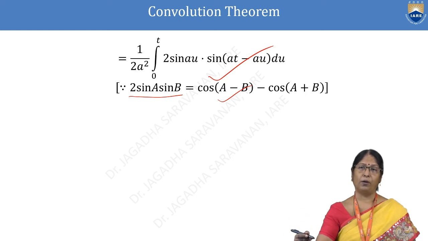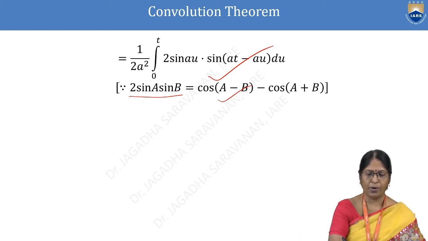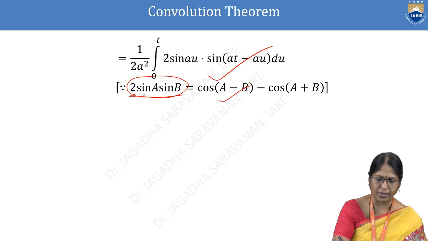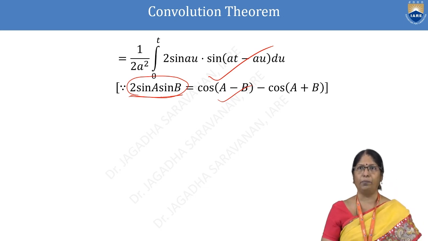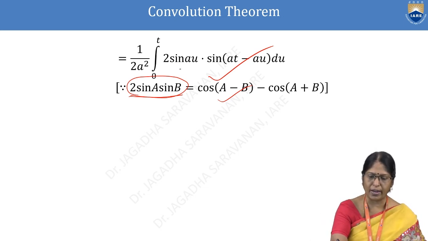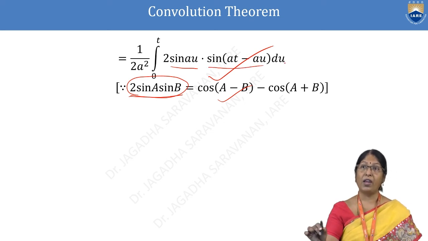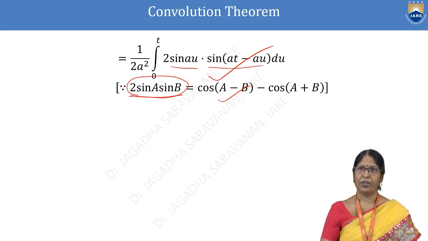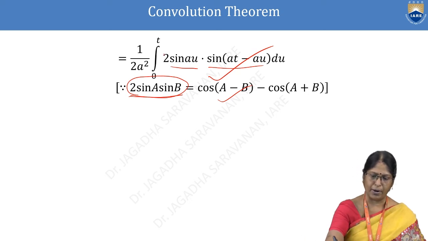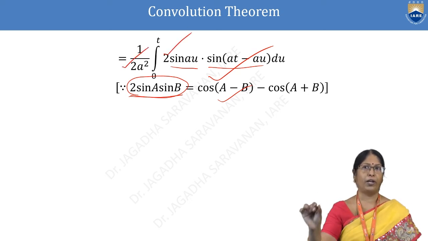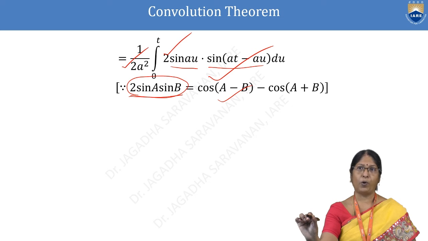Why did we multiply and divide by 2? Because this trigonometric formula is 2 sine A sine B. In our problem, we only have sine au and sine a of t minus u. The 2 is missing, that is the reason we multiplied and divided by 2. The first point is now very clear.